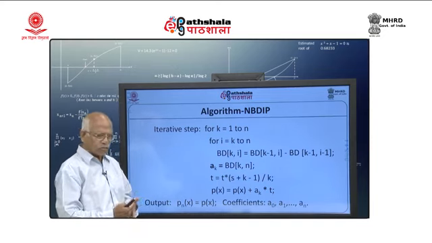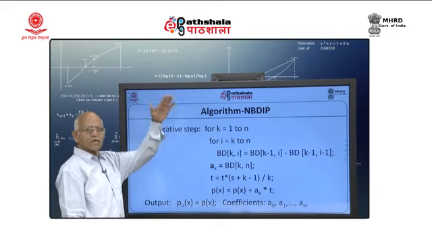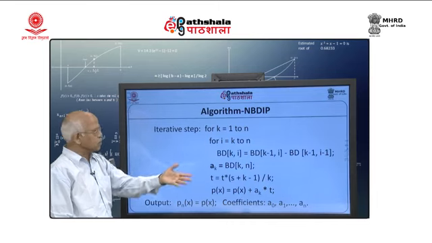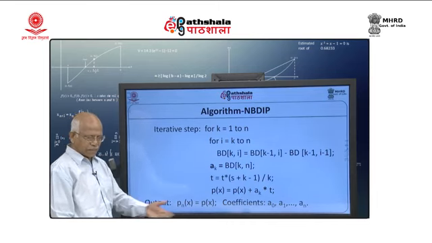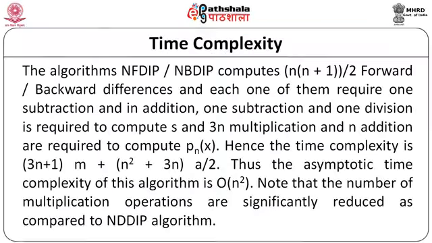Both these algorithms are fairly similar to each other, except that one starts with x 0, I mean you are using forward differences at x 0, here we are using backward differences at x n, and similar computations are done in both the cases. Now, we compute the time complexity, and because both the algorithms are similar, time complexities will also be just the same, and therefore, I am going to do both of these together.